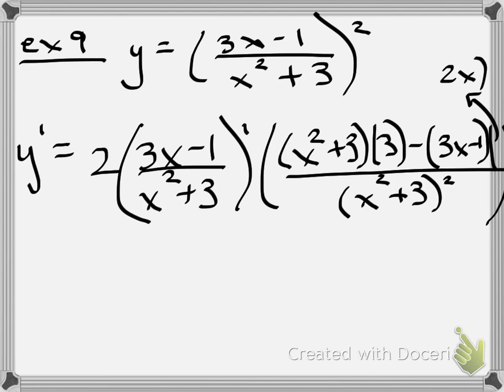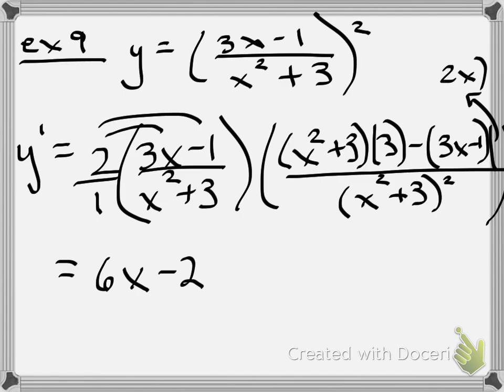Well, first off, this being to the first power would just be the same as if I hadn't written it there. So there's nothing stopping me from distributing this 2, seeing it as a fraction 2 over 1, and distributing the 2. So let's call that 6x minus 2 over x squared plus 3.